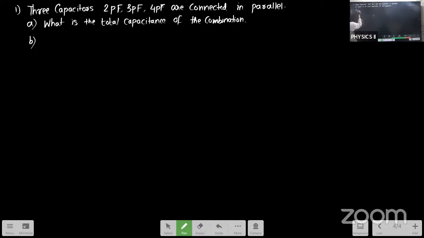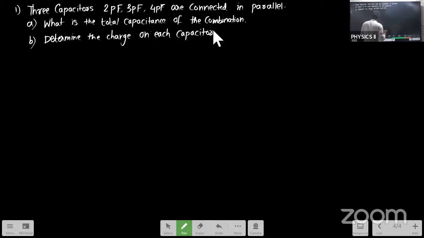Determine the charge on each capacitor if a 100 volt supply is connected.